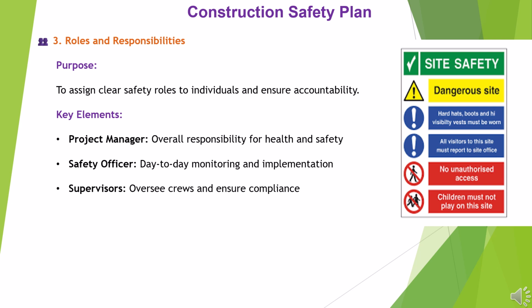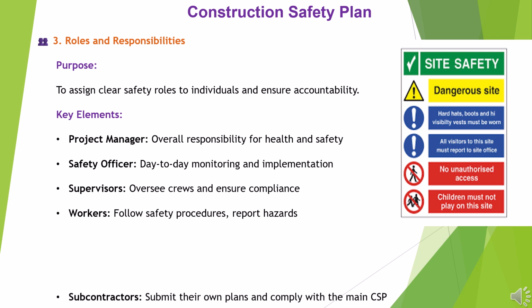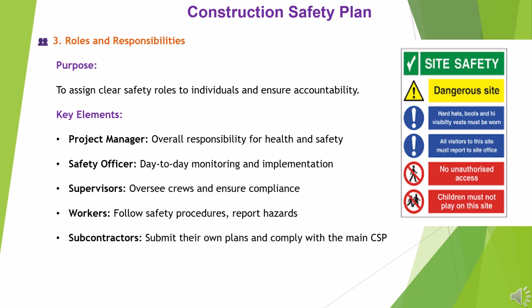Supervisors, oversee crews and ensure compliance. Workers, follow safety procedures, report hazards. Subcontractors, submit their own plans and comply with the main CSP. Visitors, attend inductions and follow site rules.